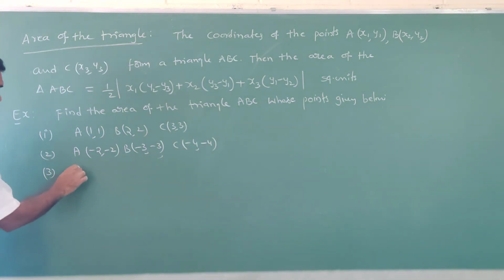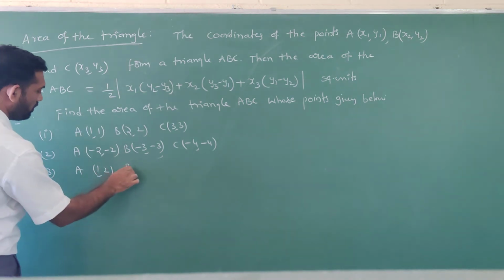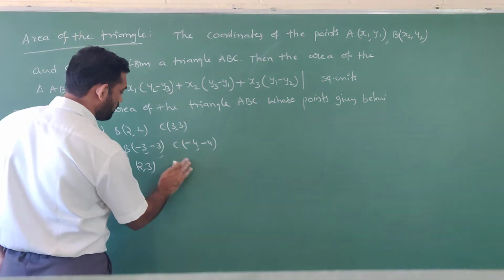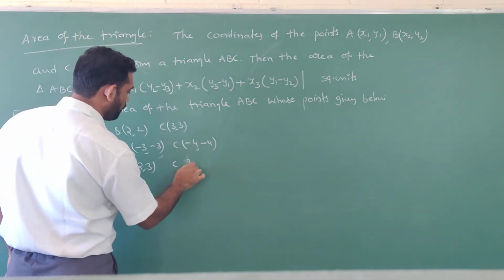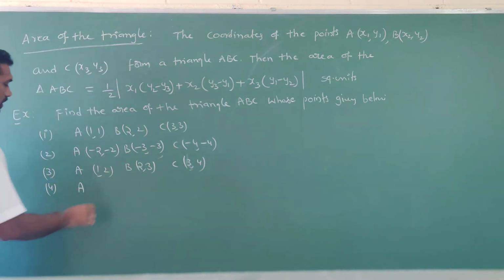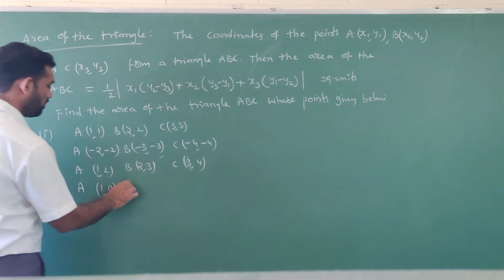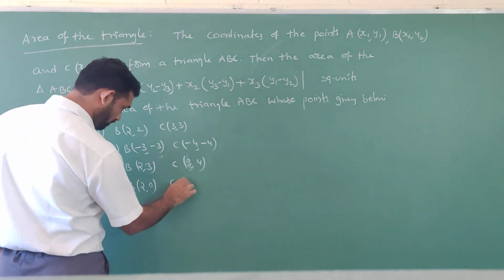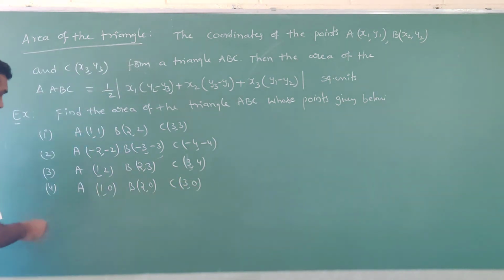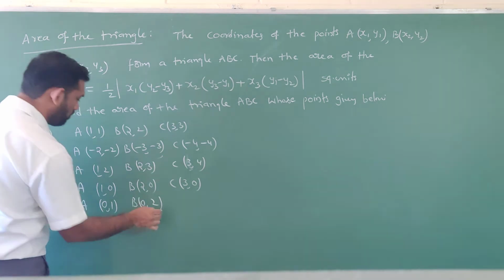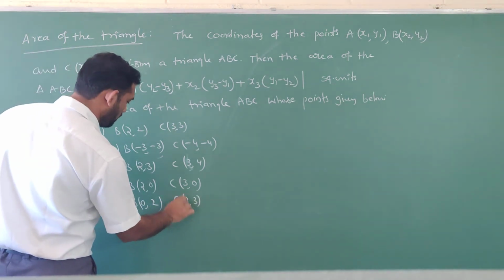Next, third question: A (1, 2), B (2, 3), C (3, 4). Next, fourth one: A (1, 0), B (2, 0), C (3, 0). Next, fifth one: A (0, 1), B (0, 2), C (0, 3).